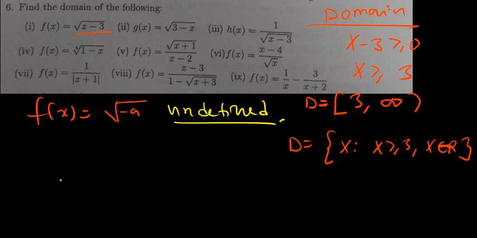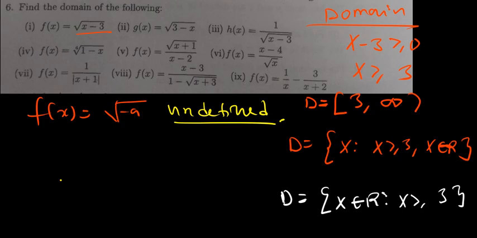Other people will tell you to say set builder notation can be represented as x is a member of all real numbers such that x is greater than or equal to negative 3. Oh, it is positive 3, sorry. Positive 3. So you can also say that.